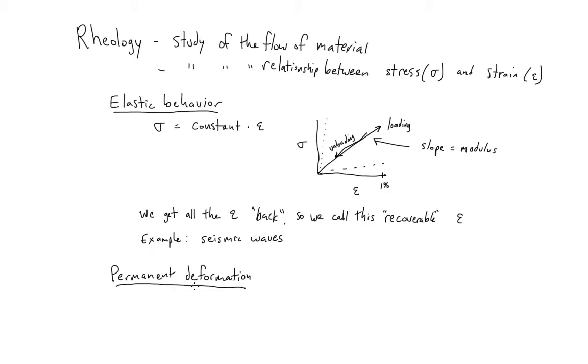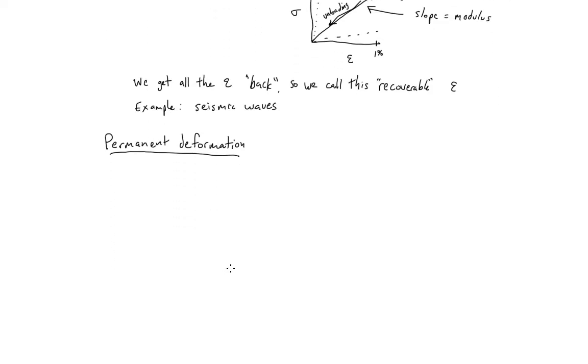It'll be permanently deformed. Most of the strain that structural geologists are talking about is that sort of permanent deformation. So we're going to talk about 3 general types of permanent deformation.